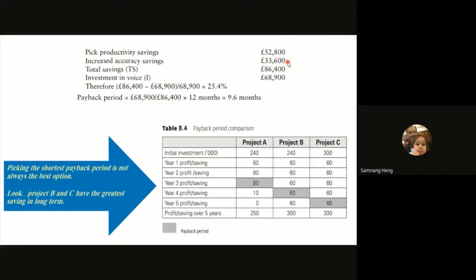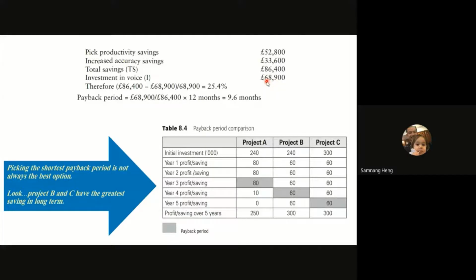So increasing accuracy with voice recognition picking saved the company 33,600 pounds, and the total saving, you just add them up, is 86,400 pounds.